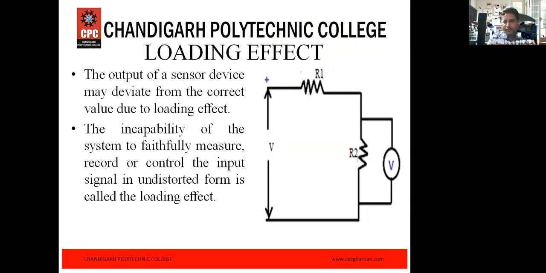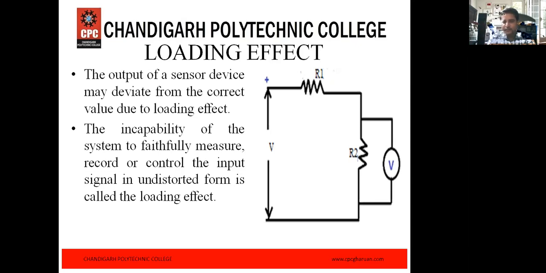As shown in this diagram, while taking voltage drop across resistance R2, we will put the voltmeter externally in parallel with the resistance R2, and it will measure the voltage drop across R2.